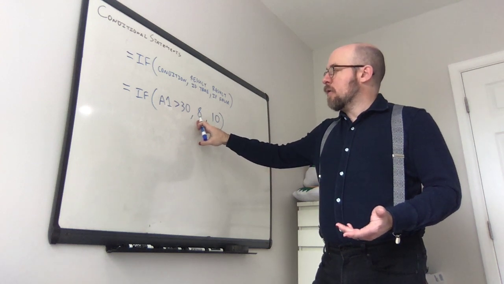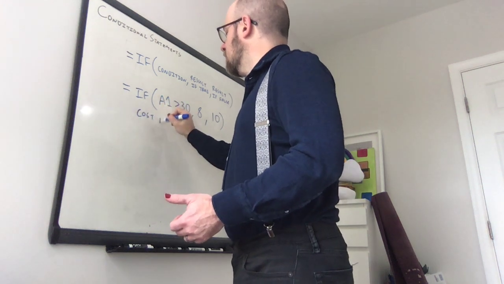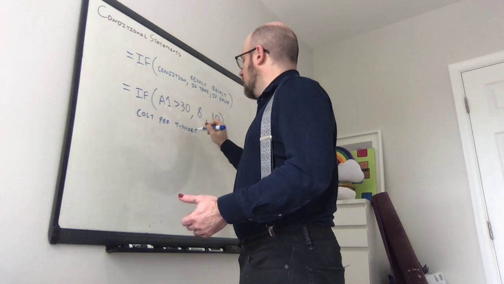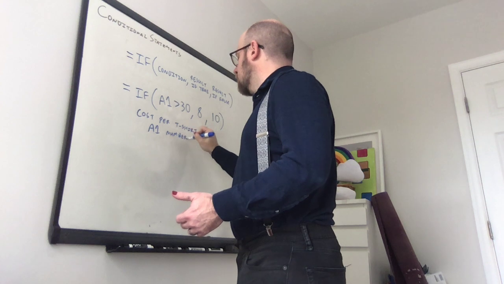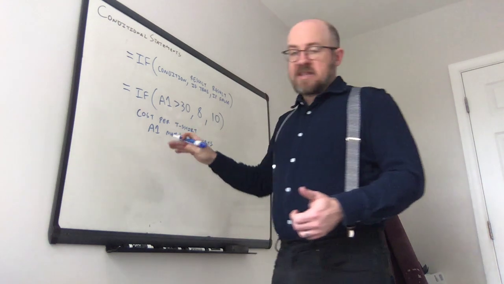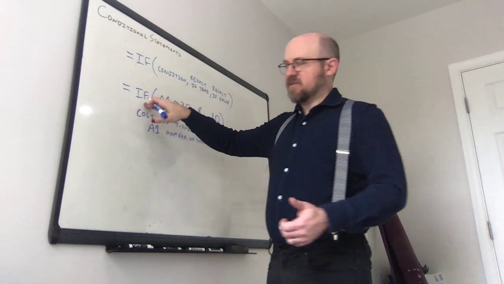So for example, if you took this, so this is the cost per t-shirt. If A1 is the number of shirts, well, you can take that number of shirts, A1, and multiply it times this.